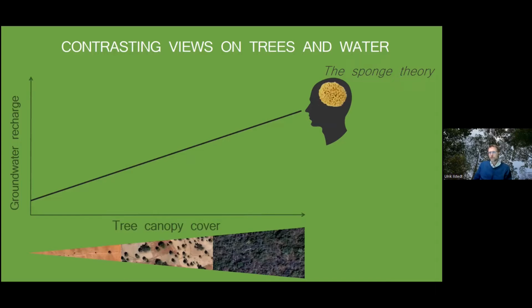So we have a long history of tree planting organizations, environmental organizations, foresters that are saying that we have a linear response. When we have more tree cover, the benefits to groundwater and dry season stream flows are increasing.